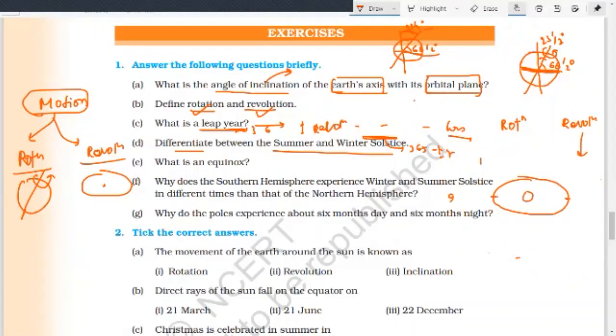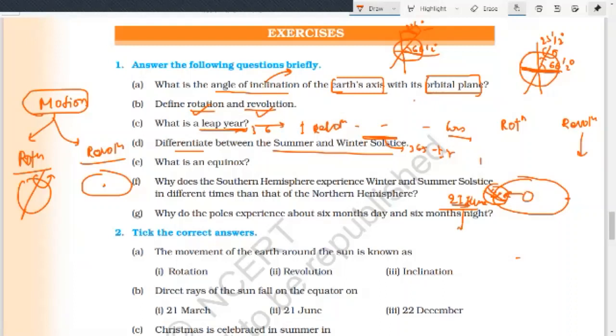Here is this position. This is 21st June. In this position of the Earth, suppose this is the equator and this is the Tropic of Cancer. The Sun's rays are falling directly on the Tropic of Cancer, and the area beyond it receives the maximum amount of daylight on this particular day.